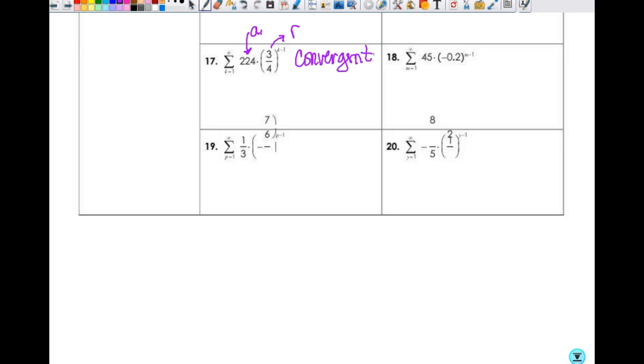All that stuff was given to me just in a different form. So the sum is equal to a1, which is 224, times 1 over 1 minus 3/4. You get 896. Good.